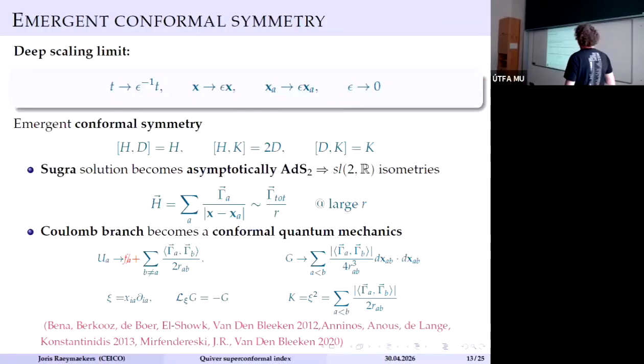So when you take the deep scaling limit, where you take this epsilon parameter to be very small, you scale the time coordinate a certain way, you take epsilon to 0, conformal symmetry emerges. So this is a conformal algebra. You can see it emerging on the supergravity side, simply because the supergravity solution becomes asymptotically AdS2 and has this as isometry algebra.